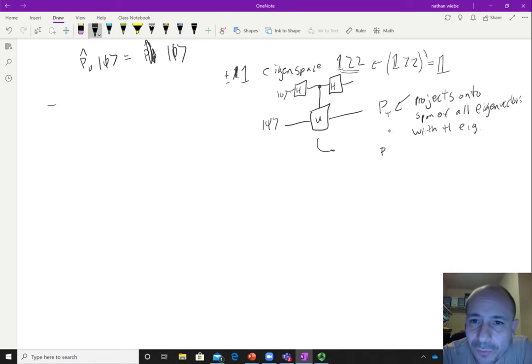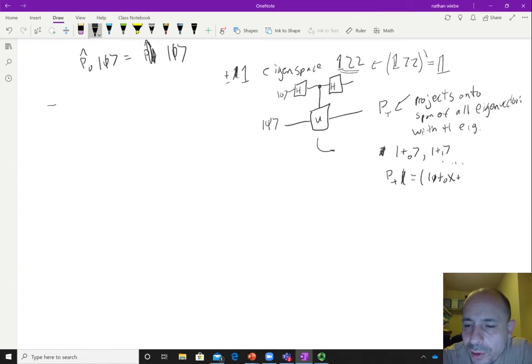Which means that if I had plus sub 0 and plus sub 1 as our positive eigenvectors, P plus could be written as plus sub 0 plus sub 1.